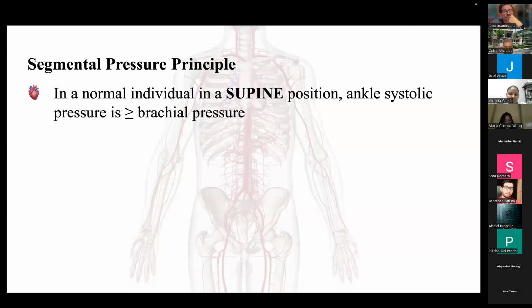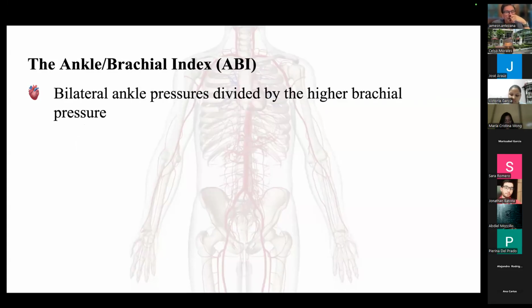So, segmental pressure principle: in a normal individual in a supine position, you get an ankle systolic pressure, which is usually equal to or greater than a brachial pressure, as I mentioned before. You do bilateral ankle pressures and divide by the higher brachial pressure number.